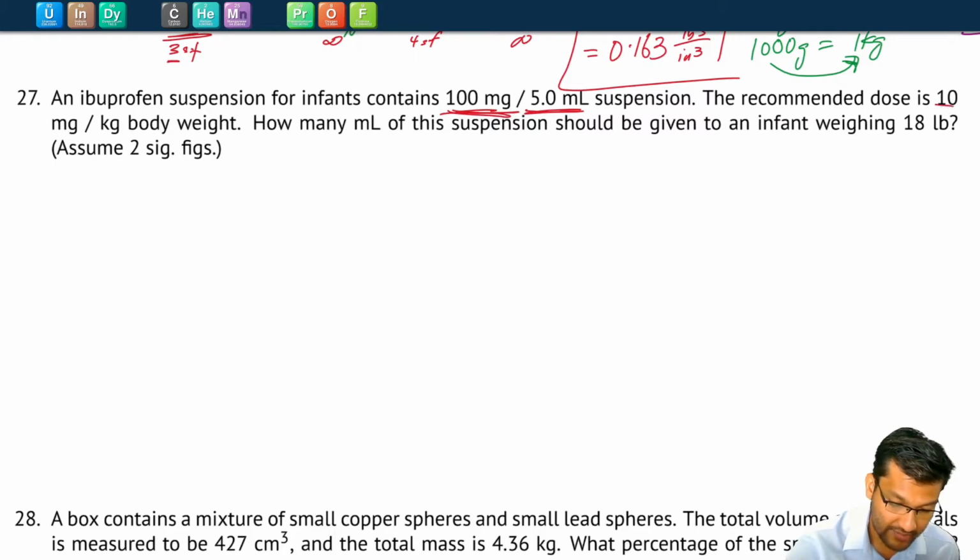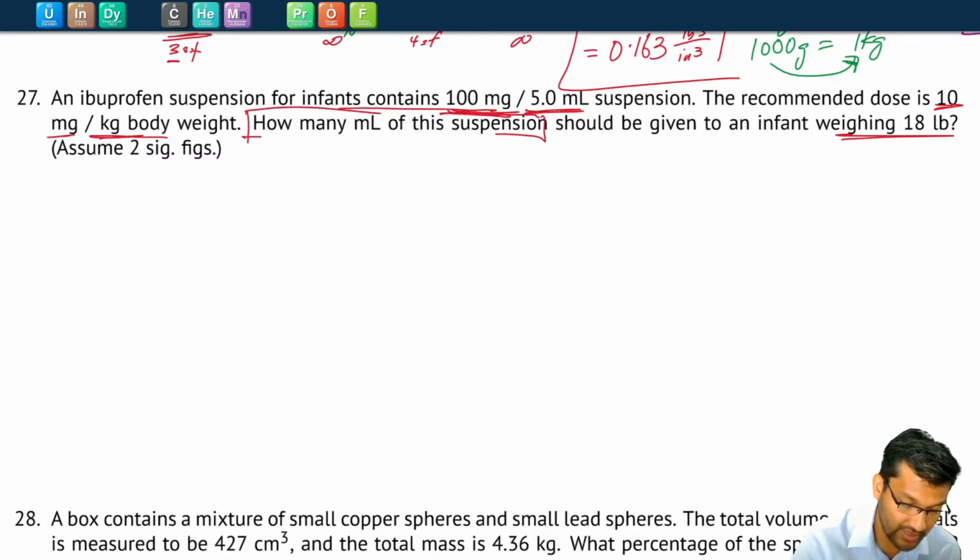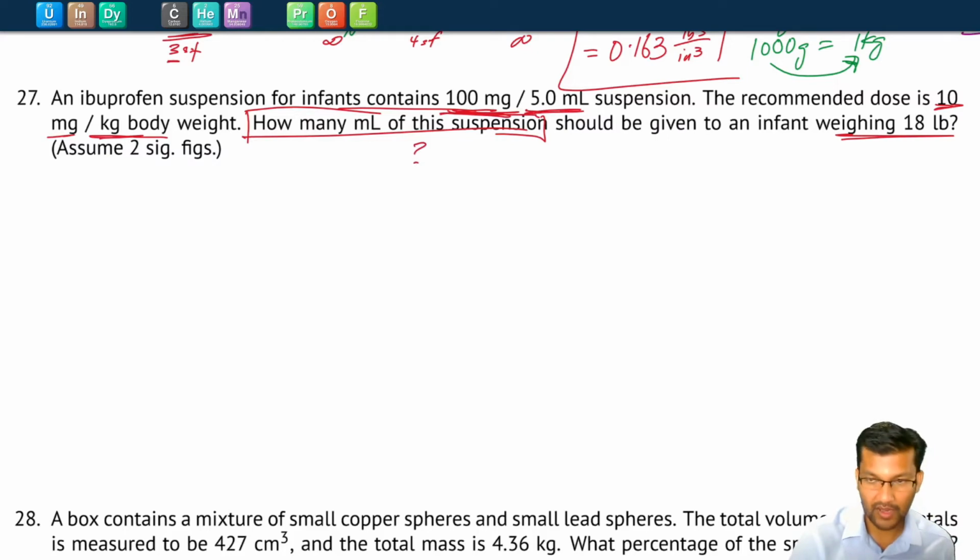We have 10 milligrams of ibuprofen required for every kilogram of body weight. We have an infant weighing 18 pounds. And the question is, how many milligrams of suspension should be given? That's a lot of information. So let's write it down.